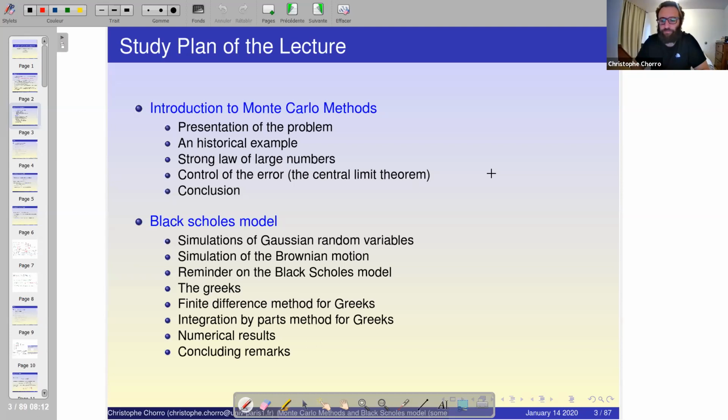The error is in fact a random variable. That's why we handle confidence intervals, and keep in mind that we can only handle a confidence interval at a particular level, meaning that the quantity I want to approximate will belong to my confidence interval with a probability of 95 or 99%, but not a probability of 1.